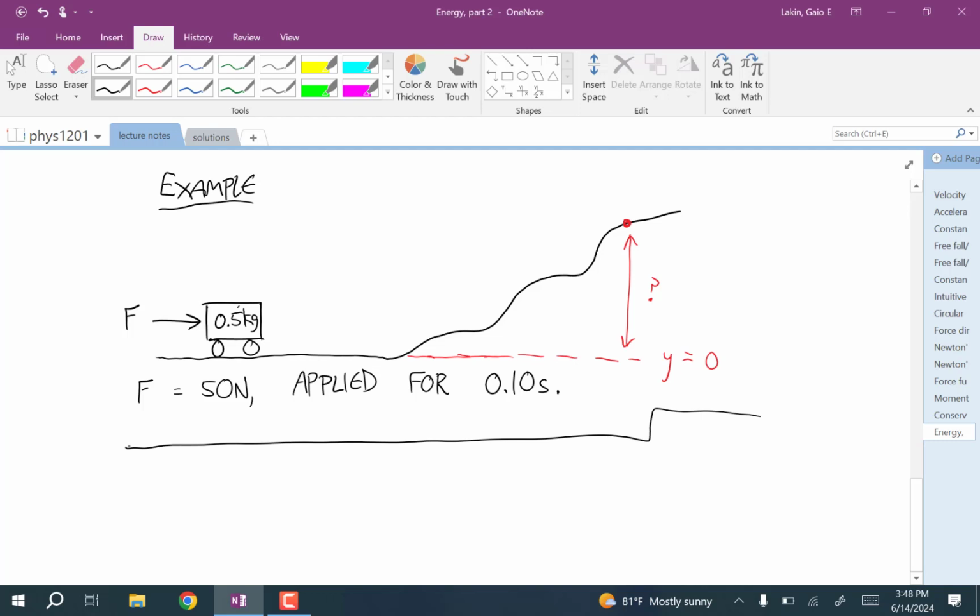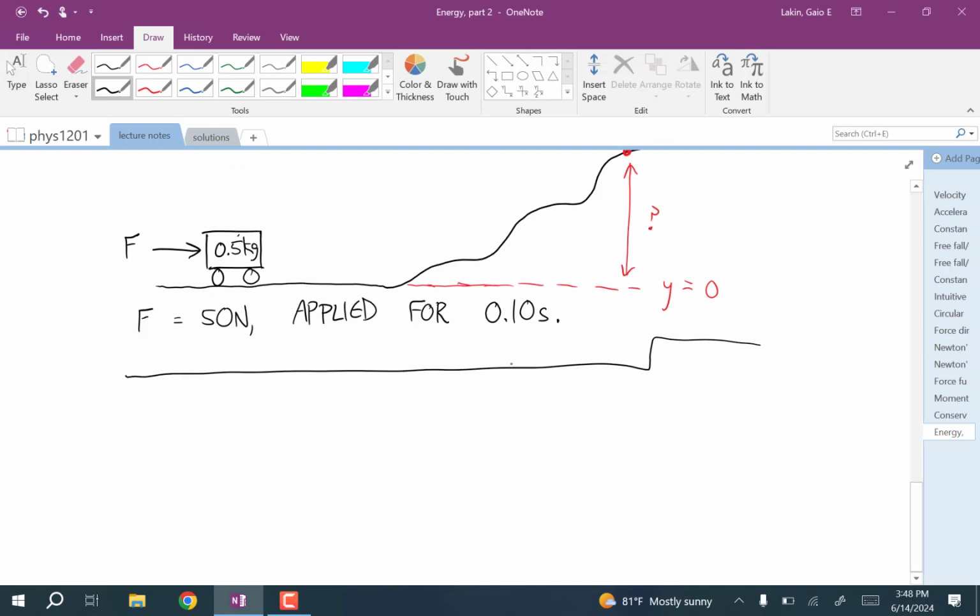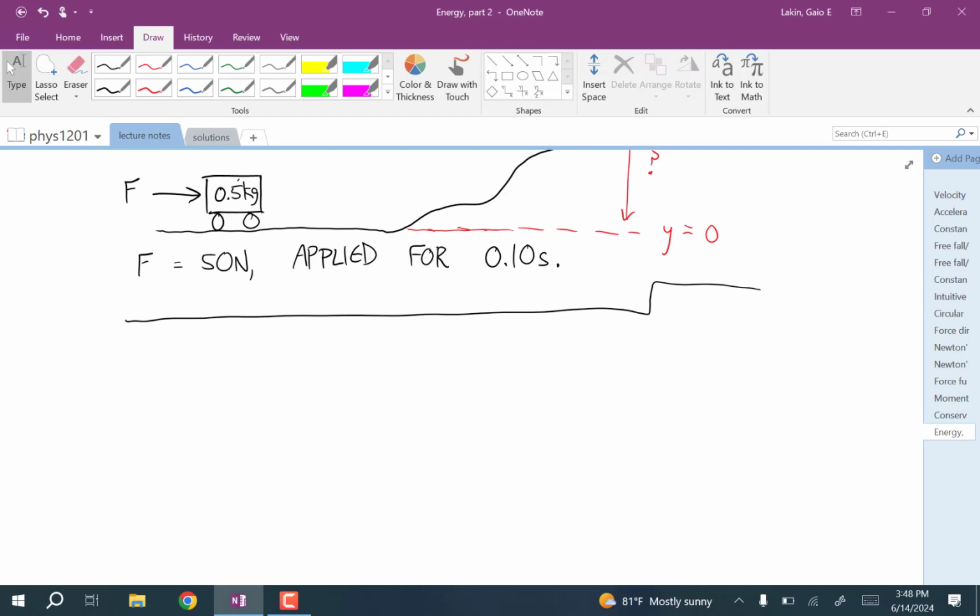I'm going to use the impulse momentum equation for the 0.1 second impulse. So the first thing I'm going to do is just for that impulse, I'm going to use momentum. I'm going to calculate the speed of this cart after that 0.1 seconds. And then I'm going to use conservation of mechanical energy to figure out how high up the hill that speed takes it.